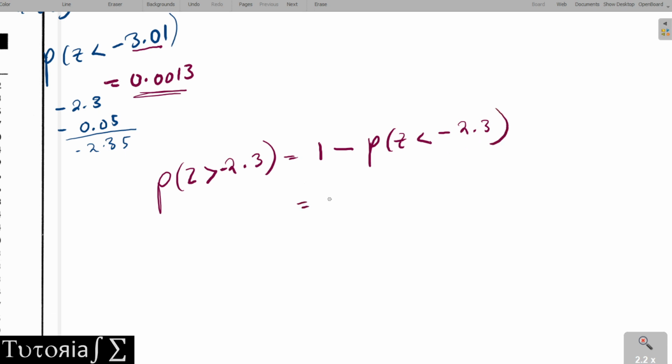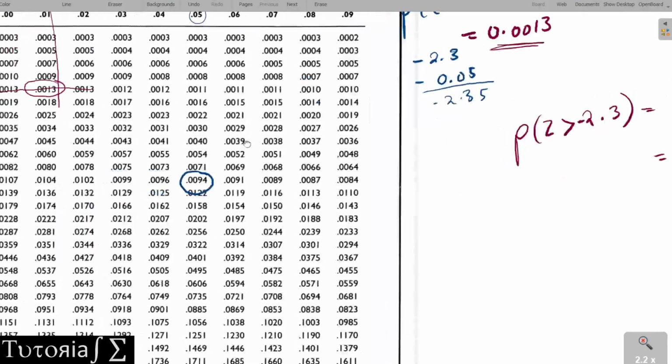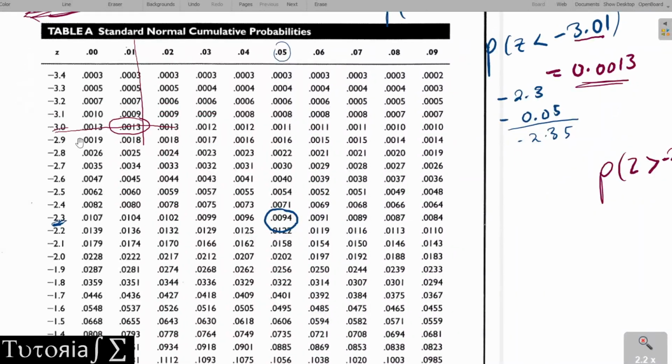So now we say 1 minus the probability of z less than negative 2.3. We look for negative 2.3 under 0, since there are no other numbers.